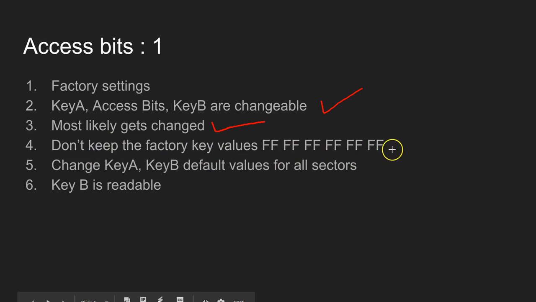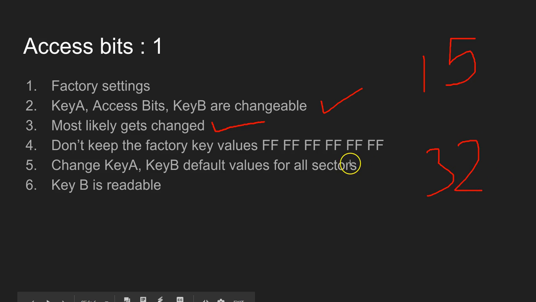Now we know that any new card you buy has the key set to all FFs. I would advise not to keep this key value, so change the default key values to something else, even though you're not using all the 15 sectors or all the 32 sectors in the Mifare 4K tags.